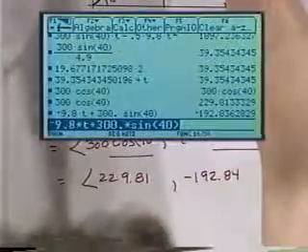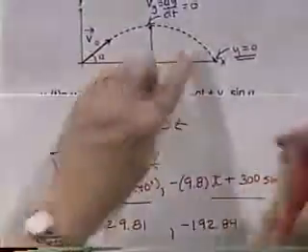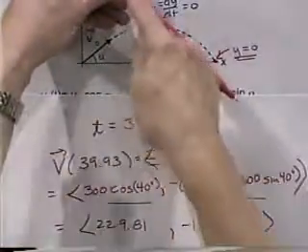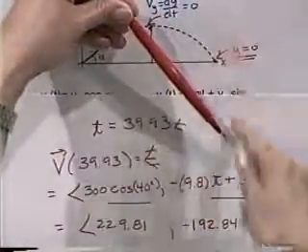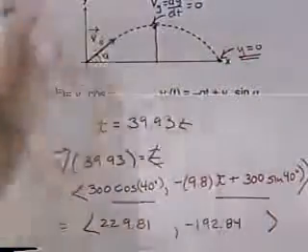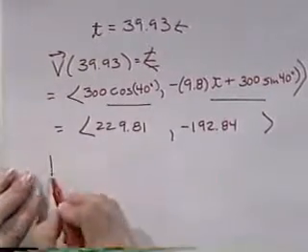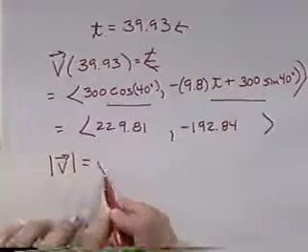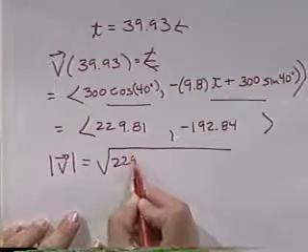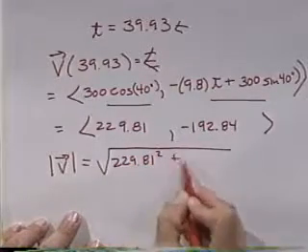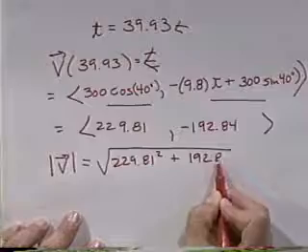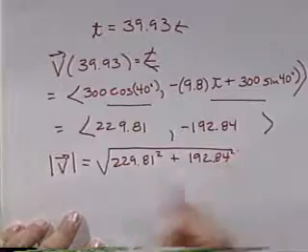Now that makes sense, because at this point, when the object is coming down like this, it has a positive x component, but a negative y, right, because it's coming down. Now to get the speed, the magnitude of that vector is going to be the square root of the x component squared plus the y component squared.